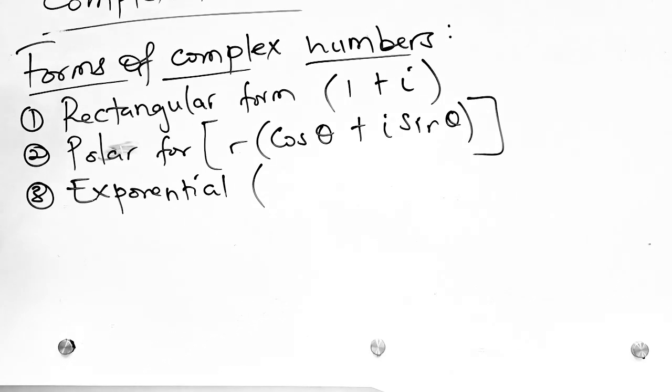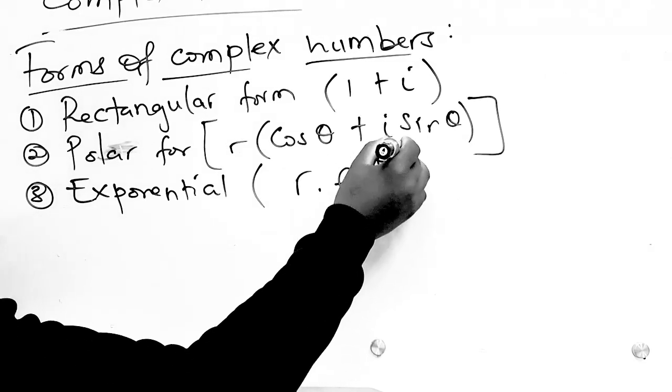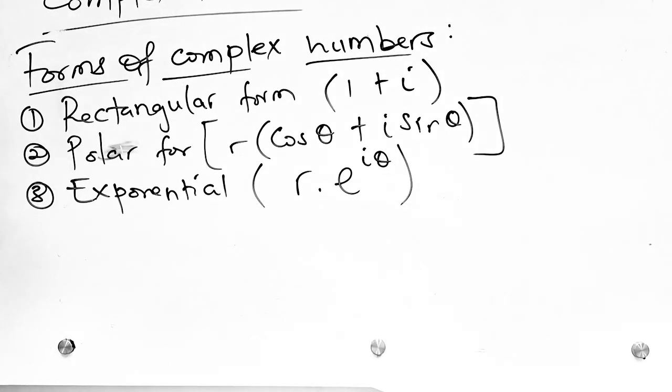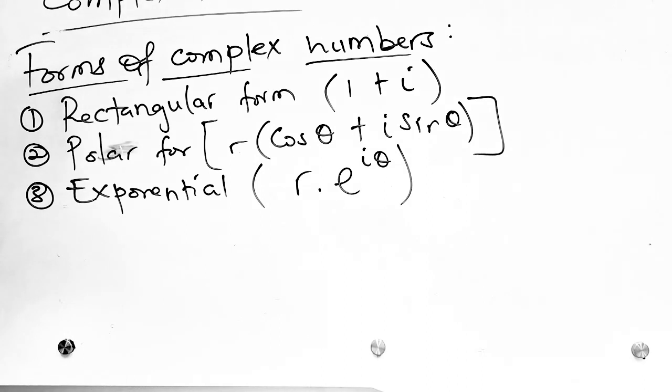Exponential form is r multiplied by e to the power i theta. According to the example we used, rectangular form is 1 plus i. We want to see how to represent this 1 plus i in polar form and exponential form.